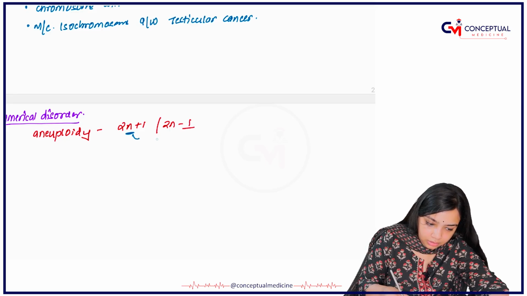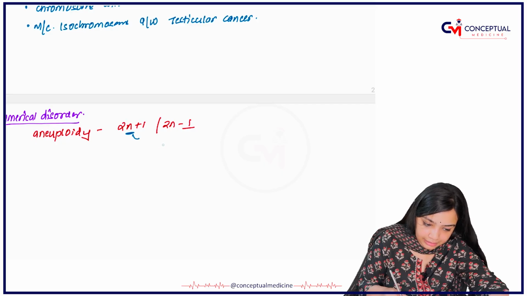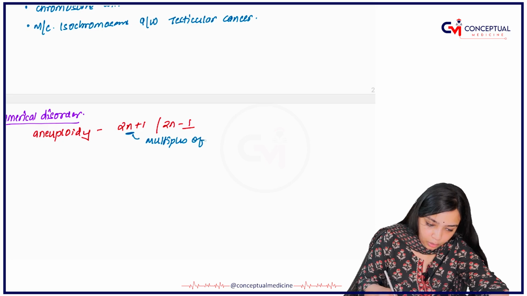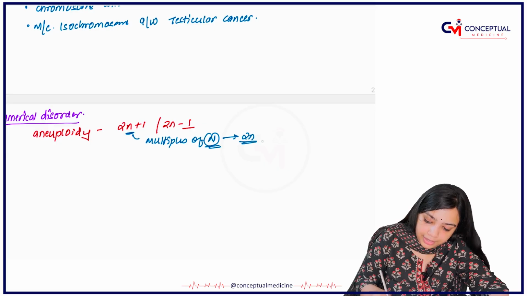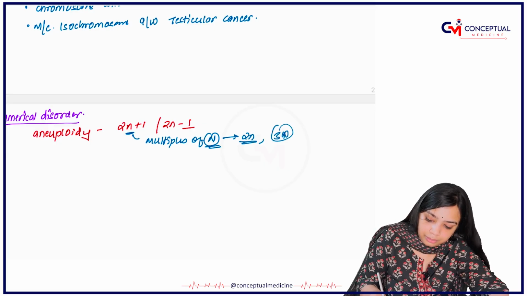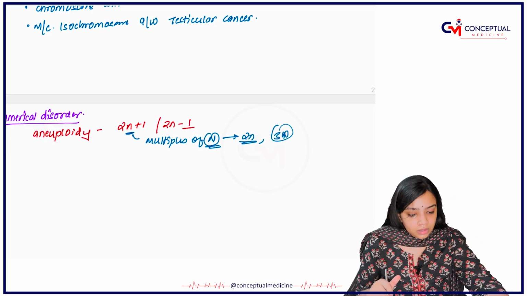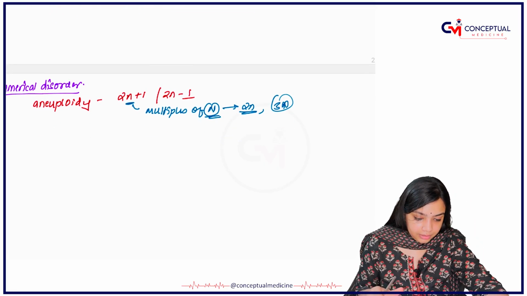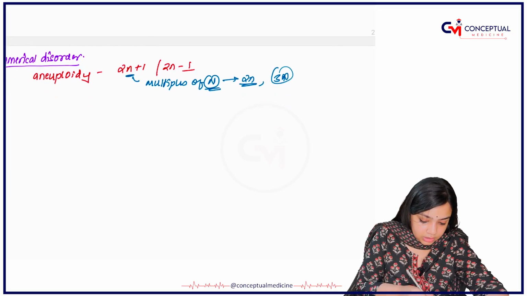N means the multiples of n. It can be either diploid, or it can be triploid. Okay, next thing that you have is Down syndrome.